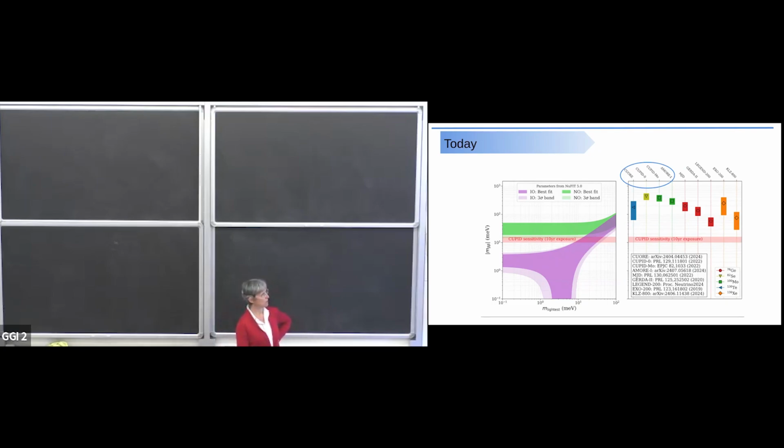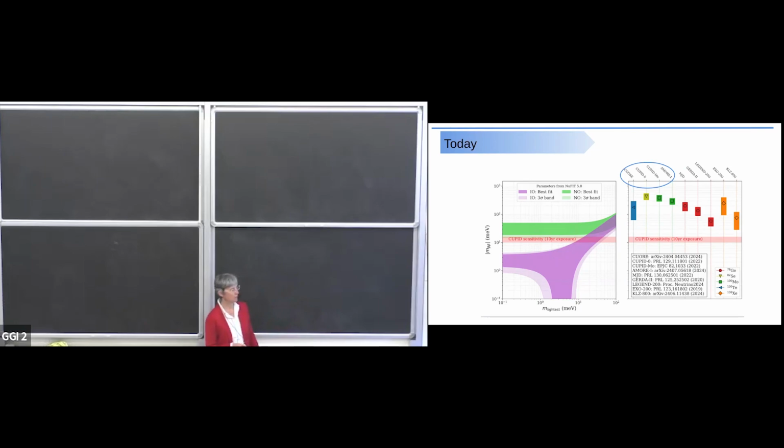So you see that more or less, we classify experiments with the word generation. The present generation experiments are investigating the parameter space that corresponds to the inverted hierarchy.